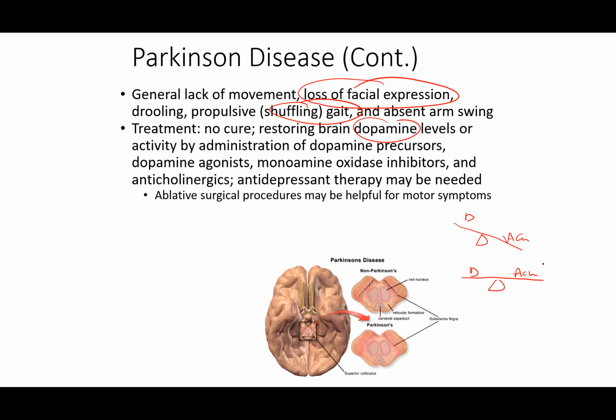But at some point, the dopamine that you gave them wears off, and then their ataxia, abnormal gait, resting tremors, and so forth come back. So that's just an ongoing treatment that they can go through. You can also give them acetylcholine blockers to try to decrease the amount of those.